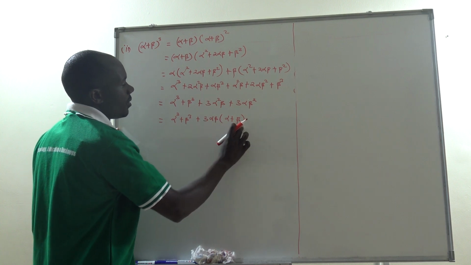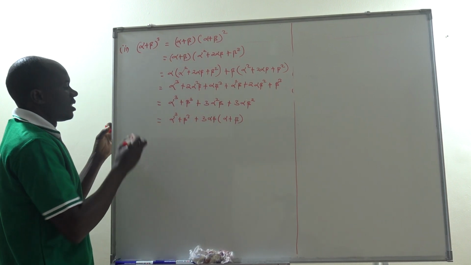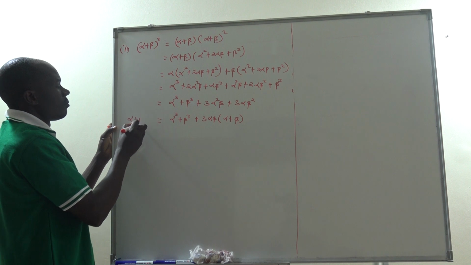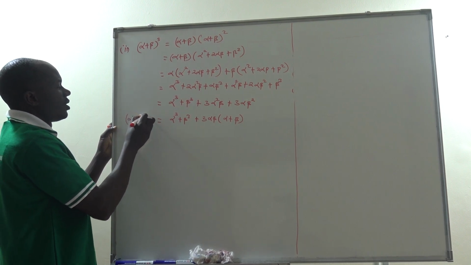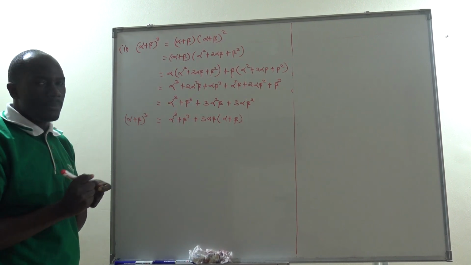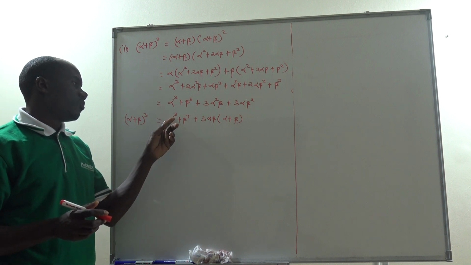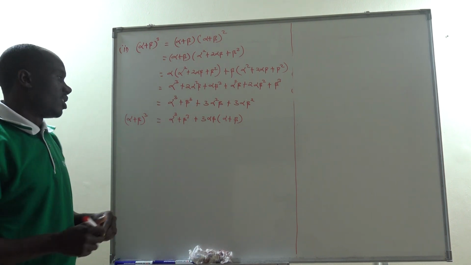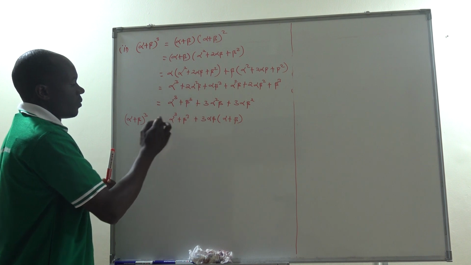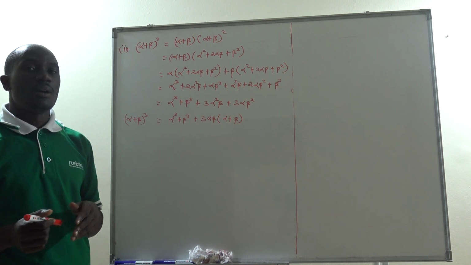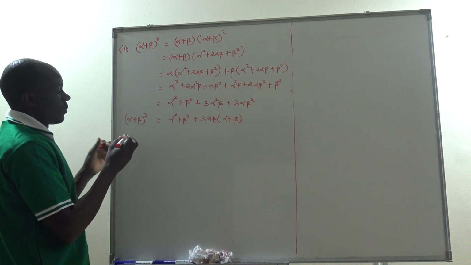So that when you open, you come out with that, which is equal to alpha plus beta, the whole of it cubed. So our target is alpha cubed plus beta cubed. So these ones are positive. When they come here, automatically they become a negative. So what are we having?